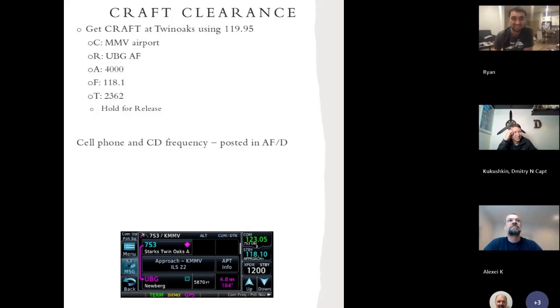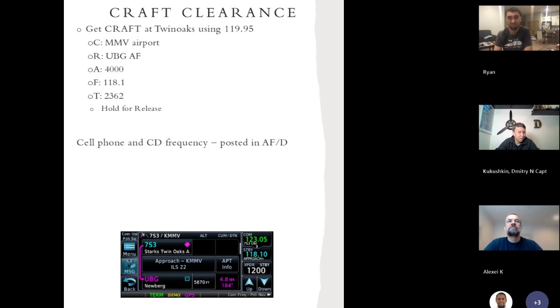How about getting the clearance from the tower? Exactly. Well, tower or not, yes, you get the clearance. And Alexei, why did I stumble a little bit? Would you say that this is an activation of the plan? I'm not sure, but you are getting a clearance to fly this.